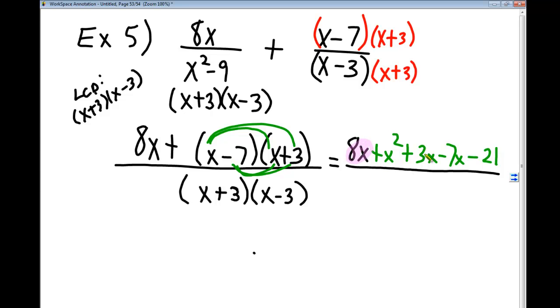I have 1x squared, I have 8x, 3x, and negative 7x, and a 21. So x squared is by itself. Eight x plus 3x is 11x, minus 7x is 4x.